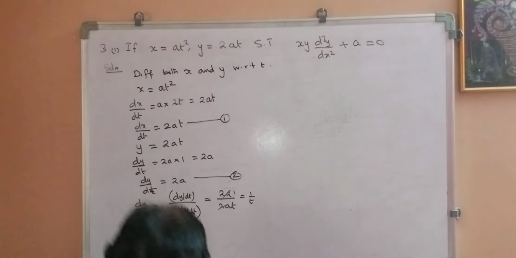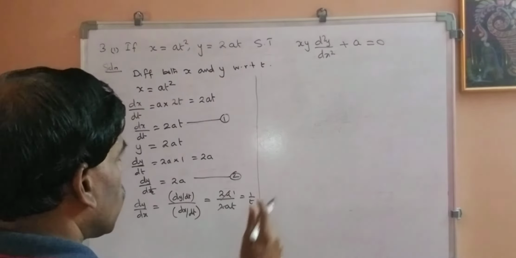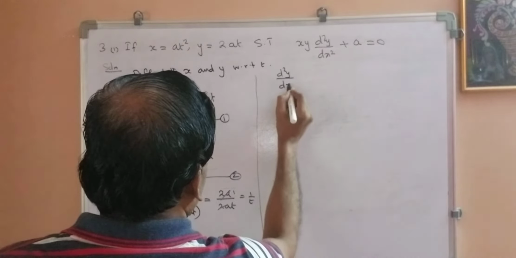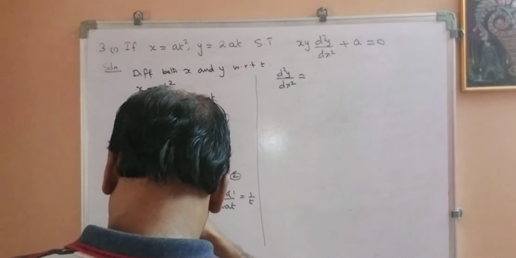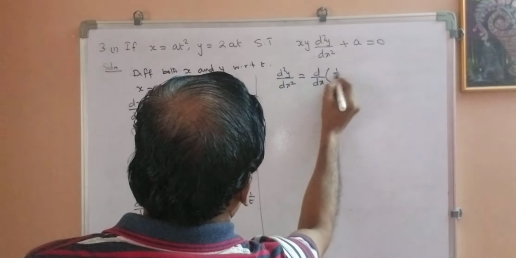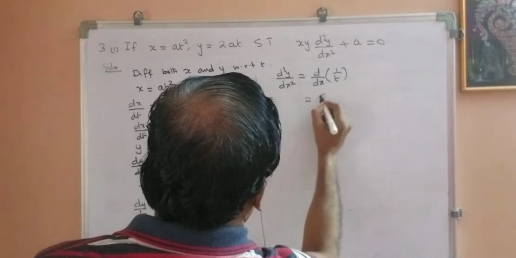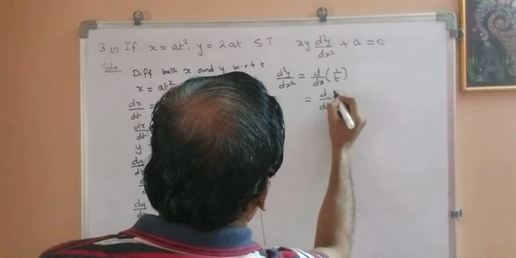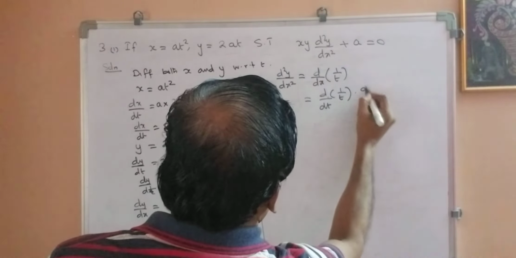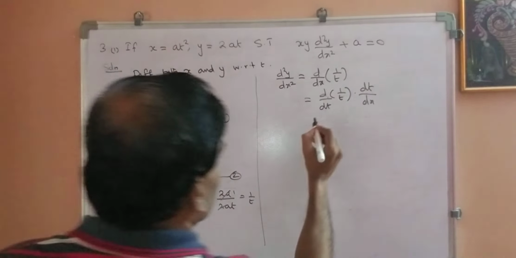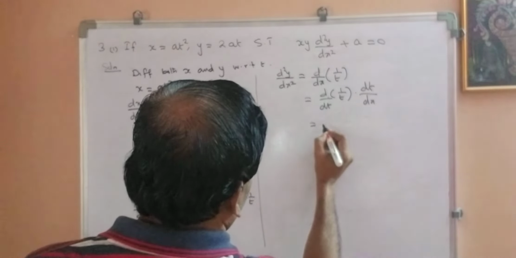Now what we have to find out is d square y by dx square. So d square y by dx square equal to d by dx of 1 upon t. As I told you again, here it is a function of t. So d by dt of 1 by t into dt upon dx. Similar sum only. What is the derivative of 1 upon t?